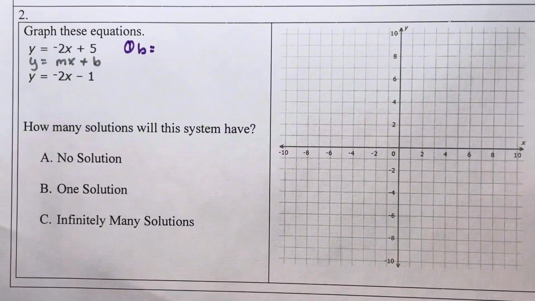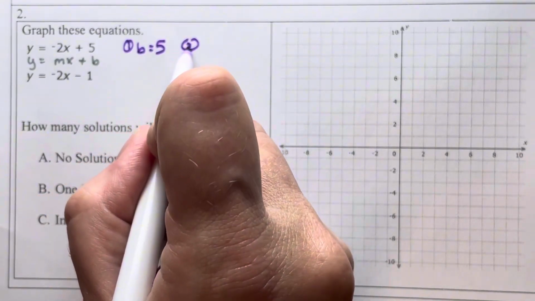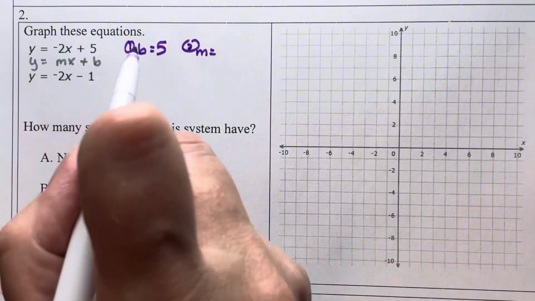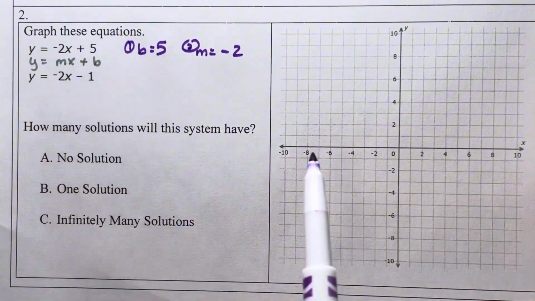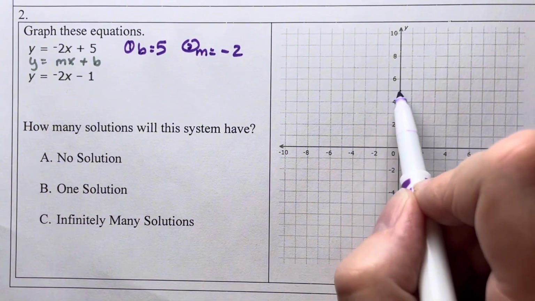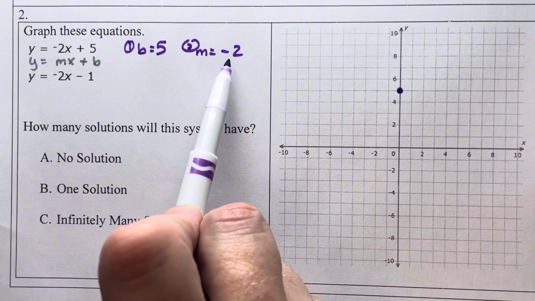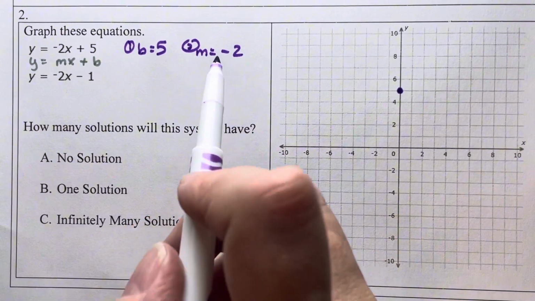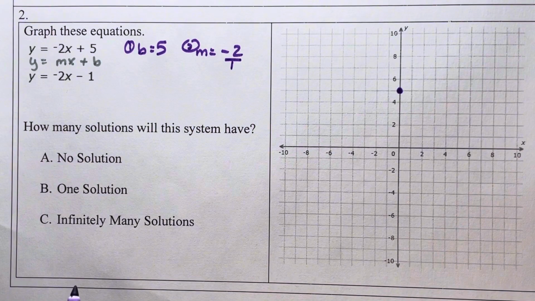Our y-intercept is 5, while our slope is negative 2. So if we plot our point on the y-axis at positive 5, and then our slope being negative 2, we need a fraction. Remember, you can always place a 1 underneath to make a fraction.